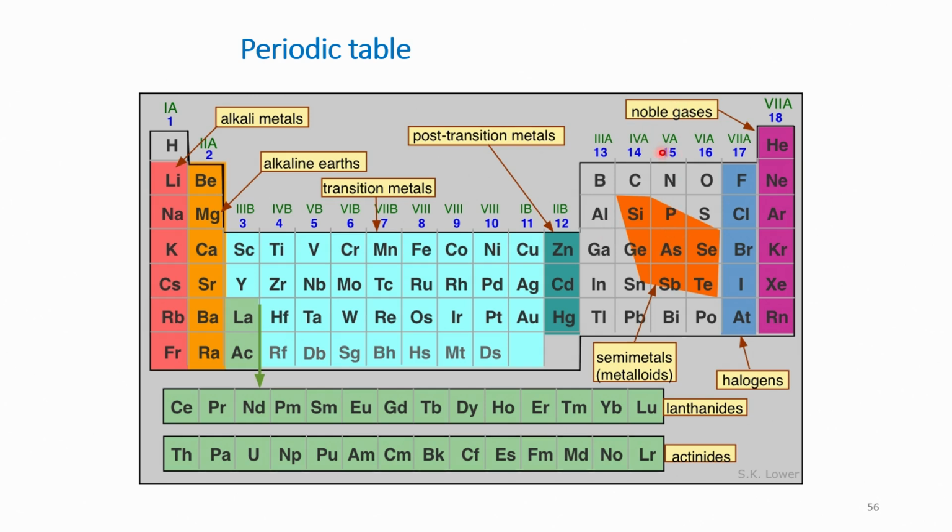So, these are all post transition, these are all semi metals, metalloids they are called, and then we have where 3D and 3F, 4D etc. are filled. We have the transition metals, and 4F and 5F are called lanthanides and actinides.